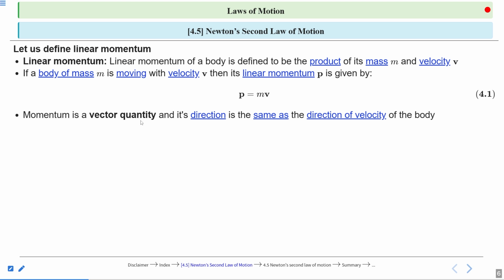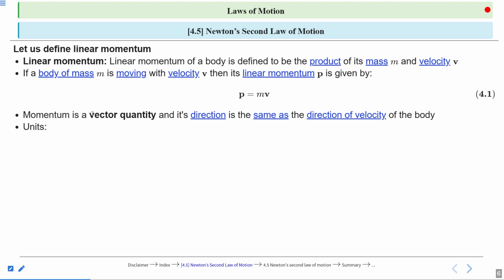Momentum is a vector quantity. And how can we determine the direction of the momentum? The direction of the momentum is the same as the direction of the velocity of the body. It means the direction of the momentum depends on the direction of velocity.